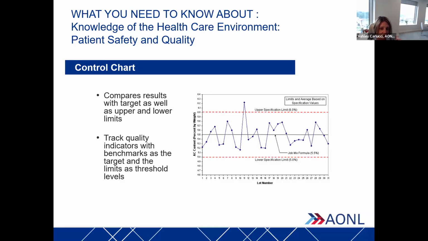When you're looking at benchmarking, where your targets are, what's the higher benchmark, what's the lower benchmark, what are we trying to get, it tracks quality indicators with the benchmarks, targets and thresholds. Sometimes it's used for patient experience as well. If you're working to be in that top quartile, where are you at for that? And what do you do month by month? And what does that look like? And then the good old run charts and those kinds of things too.